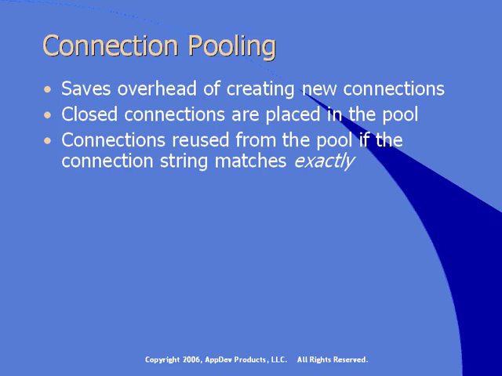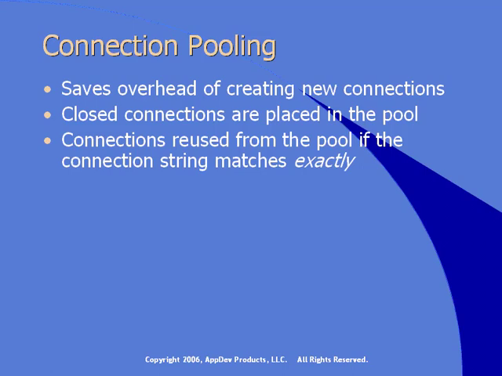And then when you go to open a connection, instead of actually doing the work of creating a new connection to the server, pooling will see if it can find a connection that exactly matches a connection in the pool. In other words, it'll check that the connection you're asking for uses a connection string that is 100% identical to the connection string of a connection in the pool.